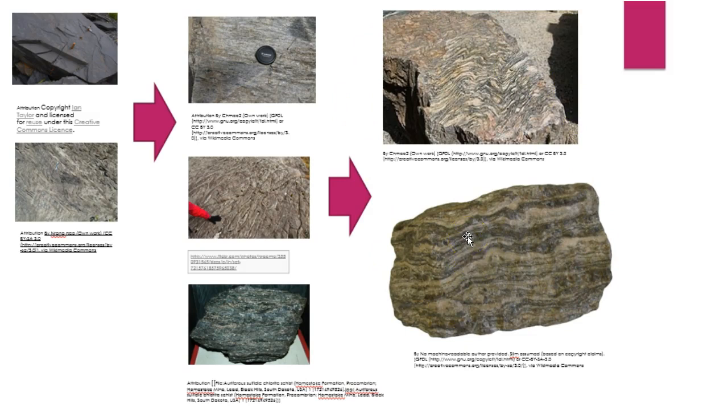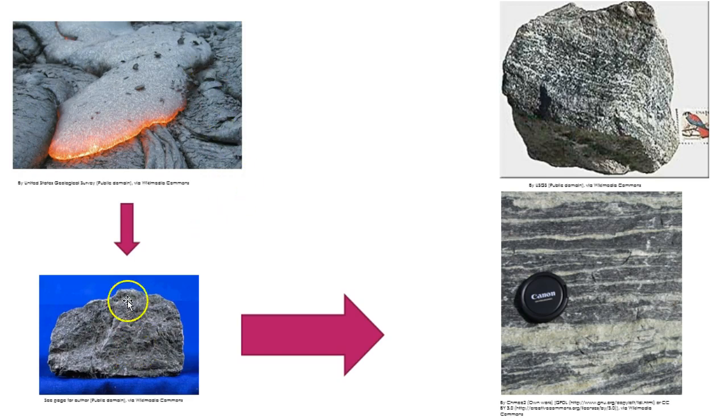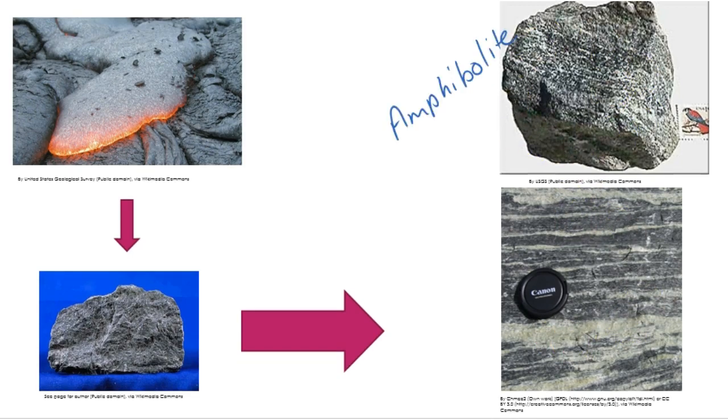Now, I said before that sedimentary rocks weren't the only ones that end up turning into metamorphic rocks. You can actually have igneous rocks doing this too. Here is basalt. It's made from lava flows. If you put it under intense heat and pressure, but not to the point where it melts, it will actually form this. This is amphibolite.